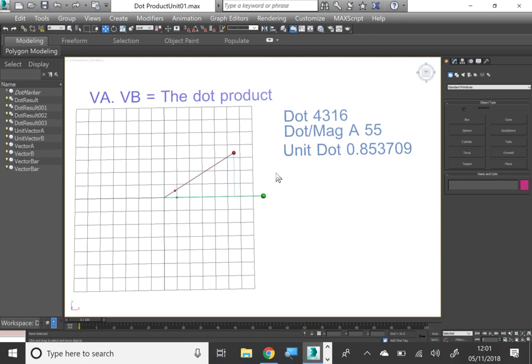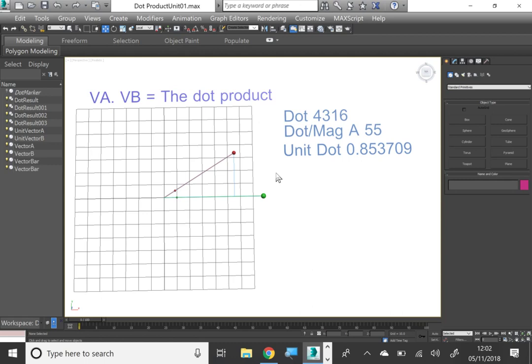So, the magic of the dot product is, if you have unit vectors, which is very common in computer graphics, and sometimes you just got to force them to be unit vectors, if you have two unit vectors and you take the dot product, you get the cosine of the angle between them.